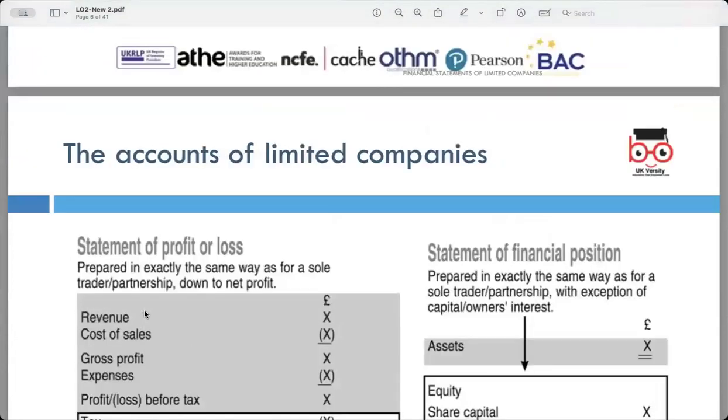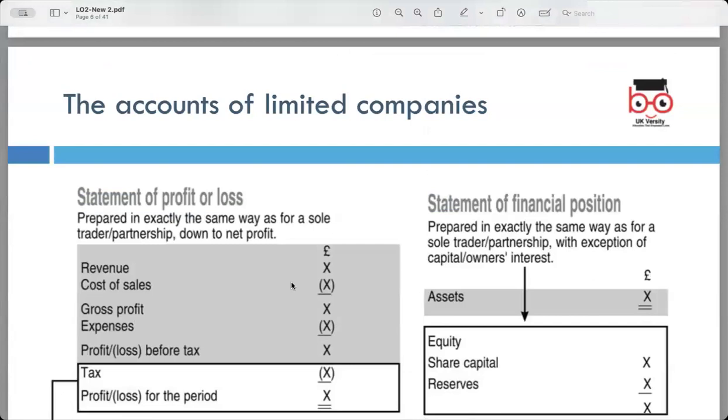Then the statement of financial position, also known as the balance sheet, provides a snapshot of the company's financial condition at a specific point in time. It lists the company's assets, liabilities, and equity.